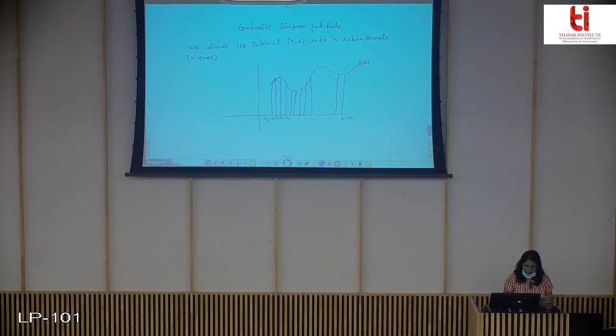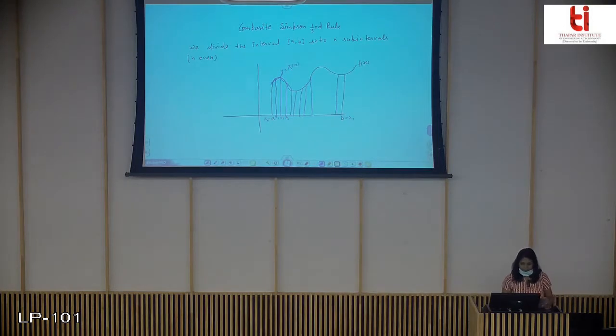Now we join these 3 points and continue the process. In this case, this is a parabola, y equal to p2(x).